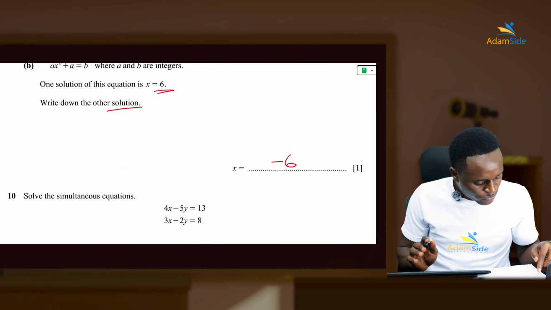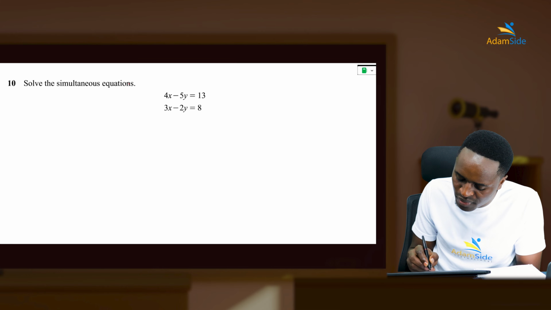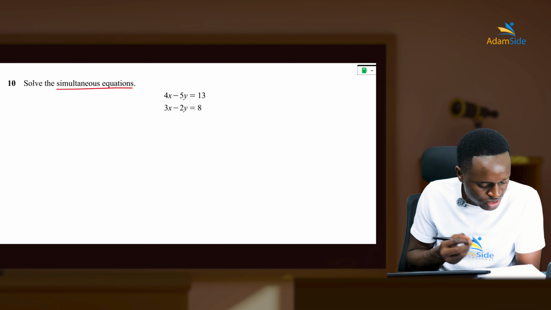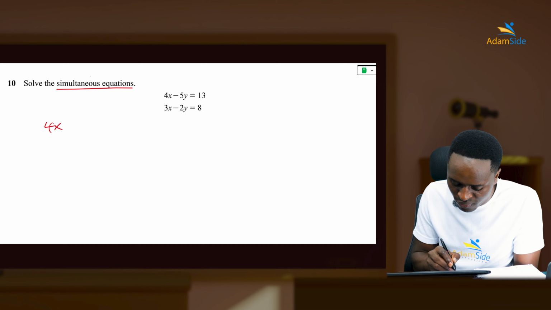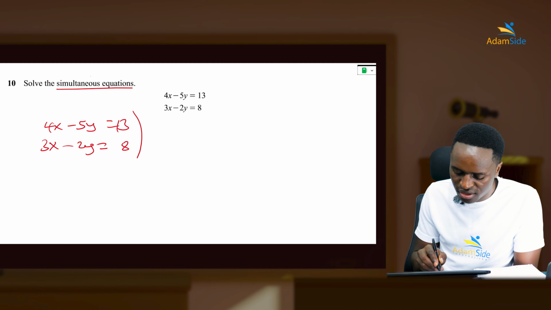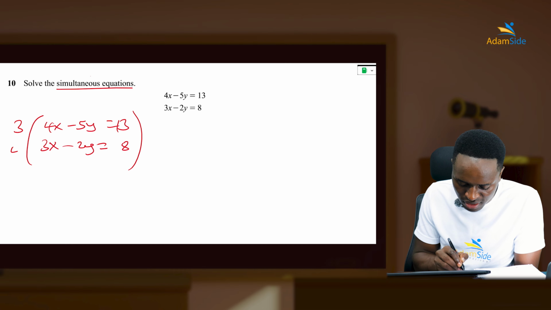And then let's go to question number 10. This is the topic of algebra and simultaneous equations. It's very simple. Solve the simultaneous equations: 4x minus 5y is equal to 13, and 3x minus 2y is equal to 8. You multiply by 3 and 4.